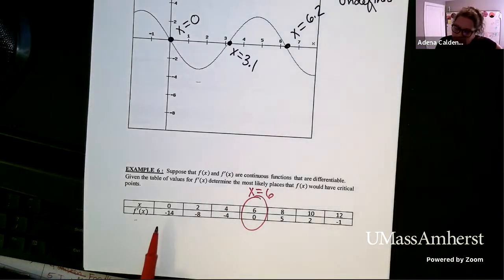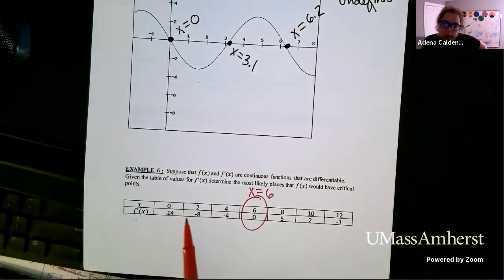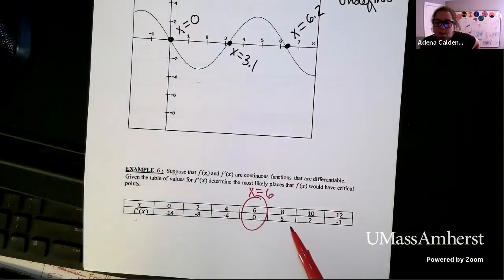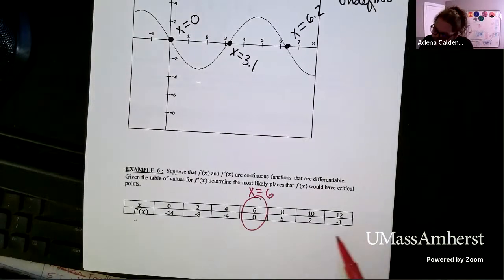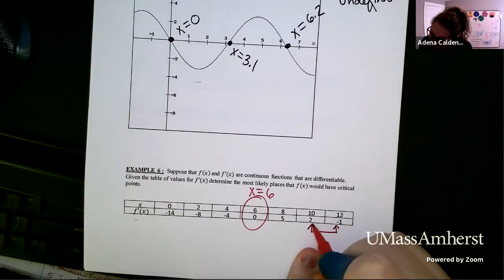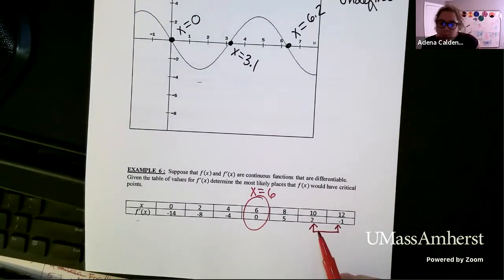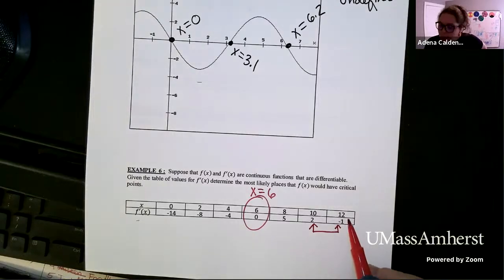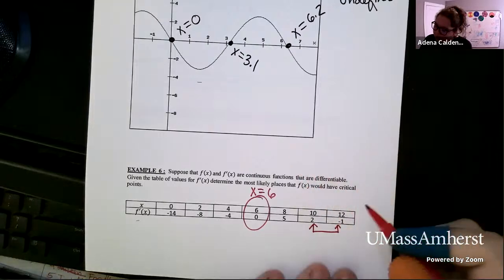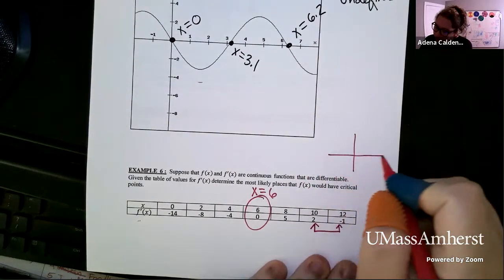So when I think about the other values, however, -14, -8, -4, right? Those are all negative. Then I go through 0, then I have 5, then I have 2, and then I have -1. So what I want to point out here is that somewhere in here, I went from +2 to -1. In order to go from a y value that's positive to a y value that's negative, right?